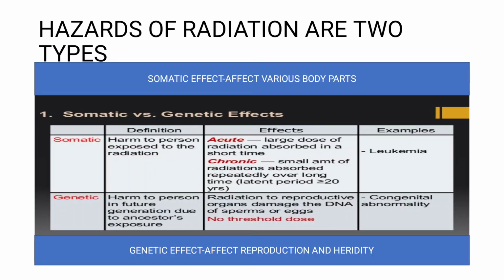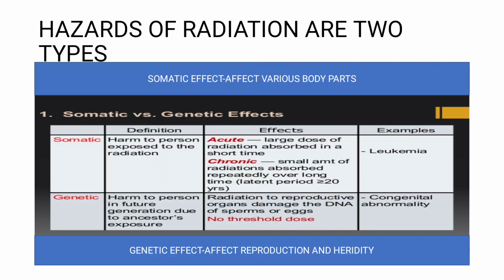So mainly the damage caused by radiation can be divided into two types. First one is somatic effect and the second one is genetic effect. So what do you mean by somatic effect? That is harm to the person exposed to the radiation.